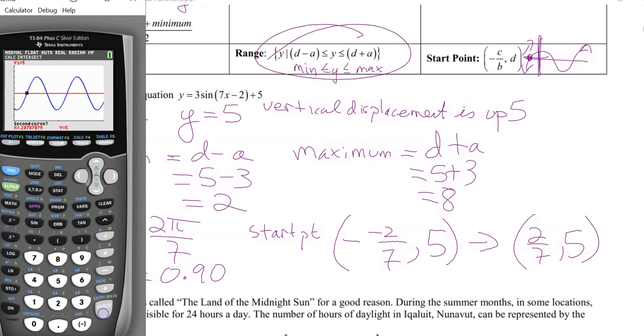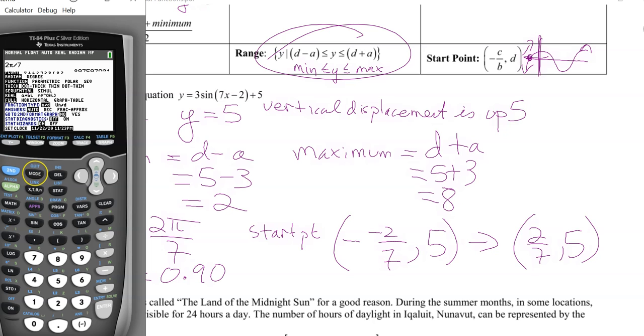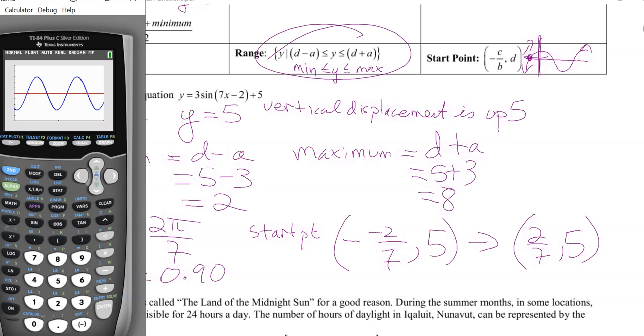Let's hit enter 3 times to do an intersect. 0.28571429. Don't quit; never say die. Apparently I can't quit. Okay, 0.2857142857. That's the number we had off of the graph.